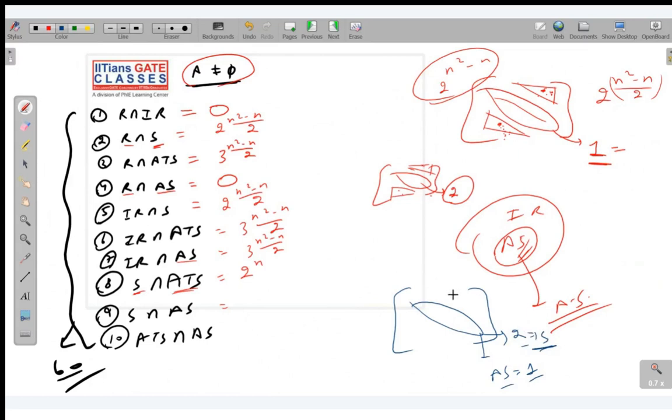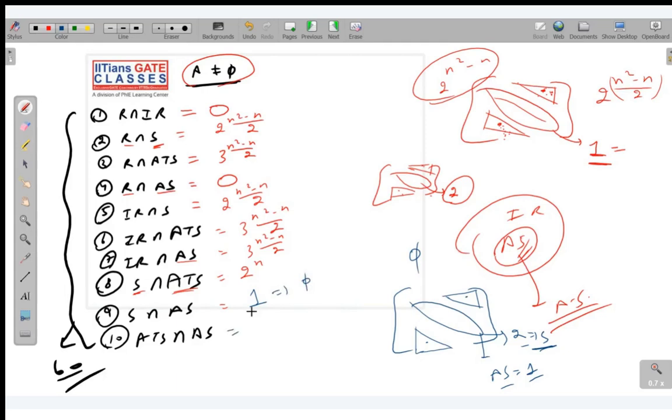But what about my off diagonal elements? They are contradictory, because one is saying if this is present, this should be present, but asymmetric is saying no. So we will say there should be no such relation. But if we see carefully, the empty relation is both. So the empty relation, number 1 only. So the number of relations which are symmetric as well as asymmetric is only 1. Is it okay?